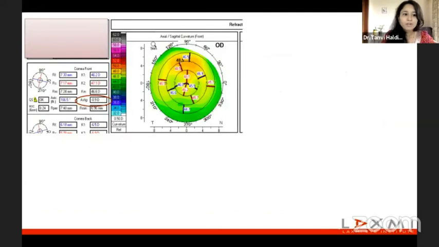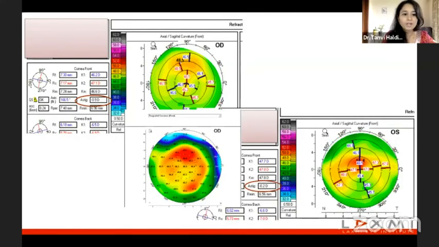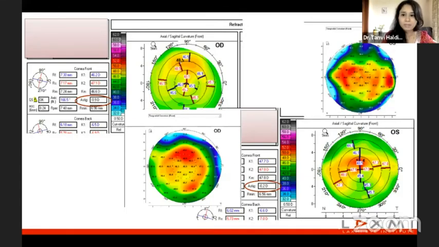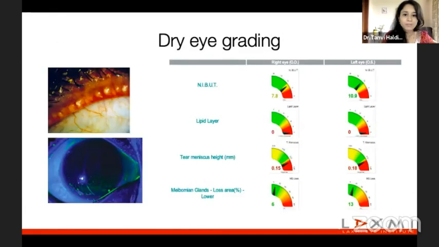Now her topography was done. This showed a cylinder of 0.9 diopter in her right eye, and this is a tangential map of the right eye, and 0.2 diopter in the left eye, and both show a very irregular astigmatism. So now we know that all three machines are showing different magnitudes and axes of the astigmatism. On clinical examination, she showed signs of dry eye, and the ocular surface analyzer confirmed the same, showing a picture of mixed dry eye.